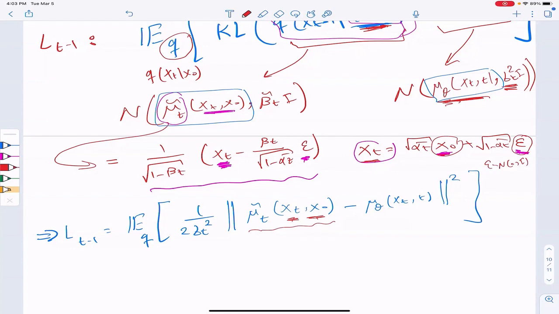Alpha t bars, they're fixed parameters of my forward process. I have epsilon, the same size as my image. Then I have this vector. It's a fixed vector. Again, I got a sample from this, based on the sample that I'm getting for my epsilon. I can do it many more times, but let's say I did it once, I get this sample.